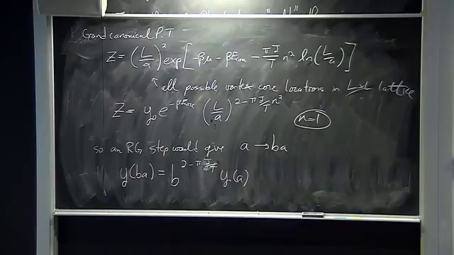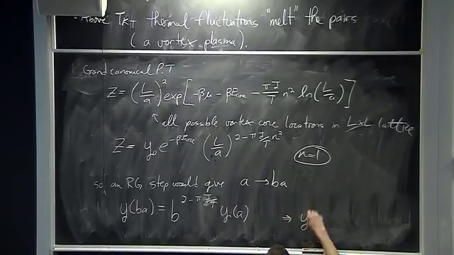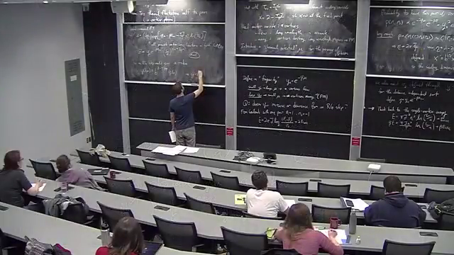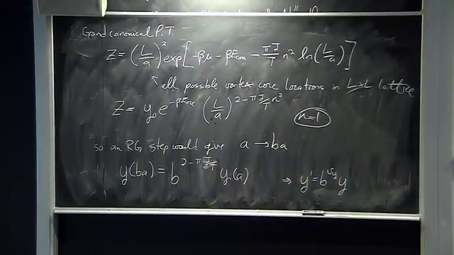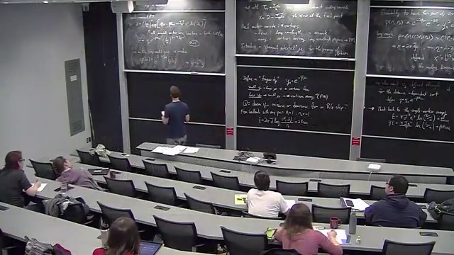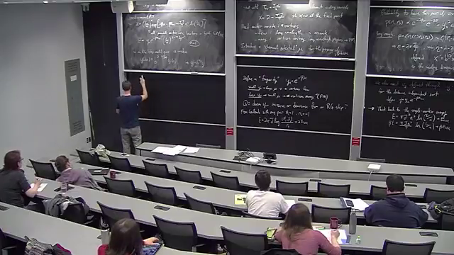So that's, by definition, y prime equals b to the v y, y. And so it's 2 minus v x. Well, I can't believe that worked.